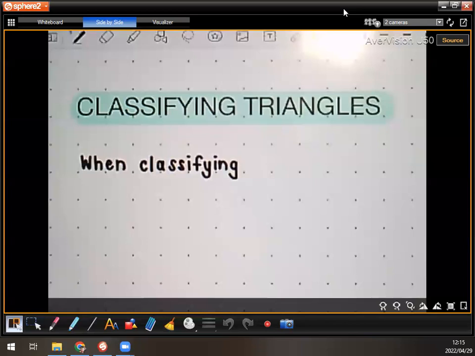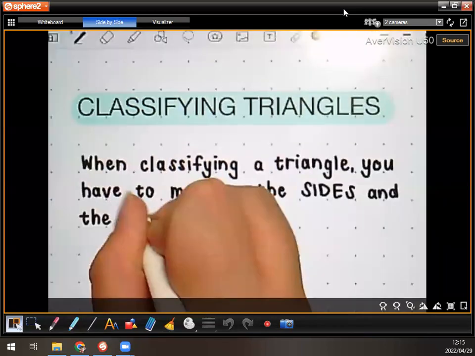Geometry of 2D shapes. Okay, so that is the section heading.